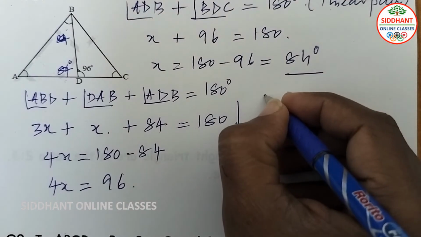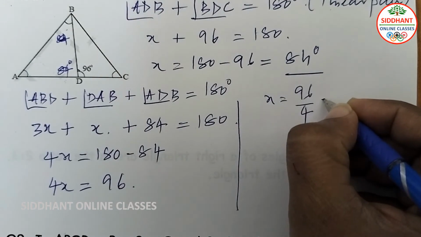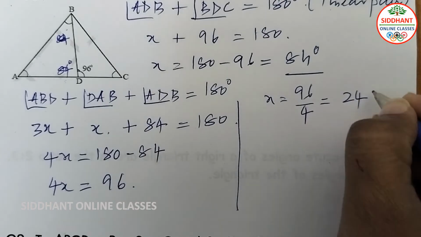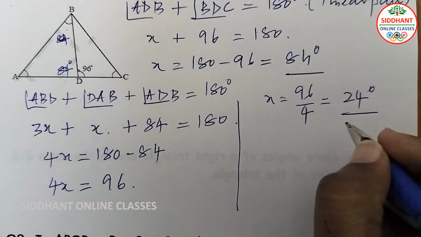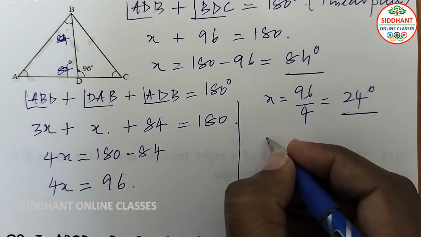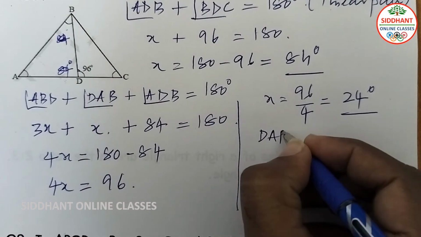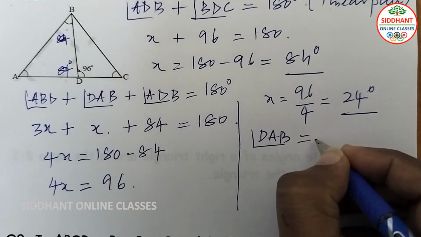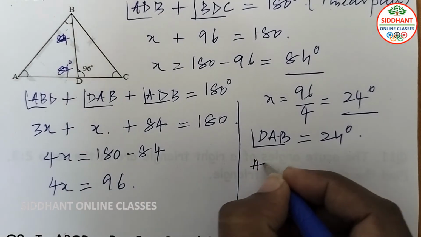and X equals 96 by 4, that equals 24 degrees. So X is 24 degrees, which means angle DAB is 24 degrees. Now we are going to find out ABD.